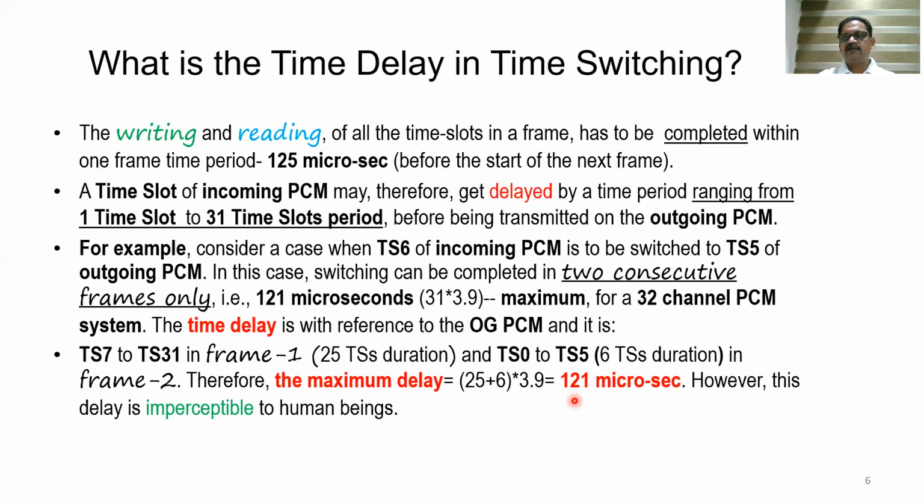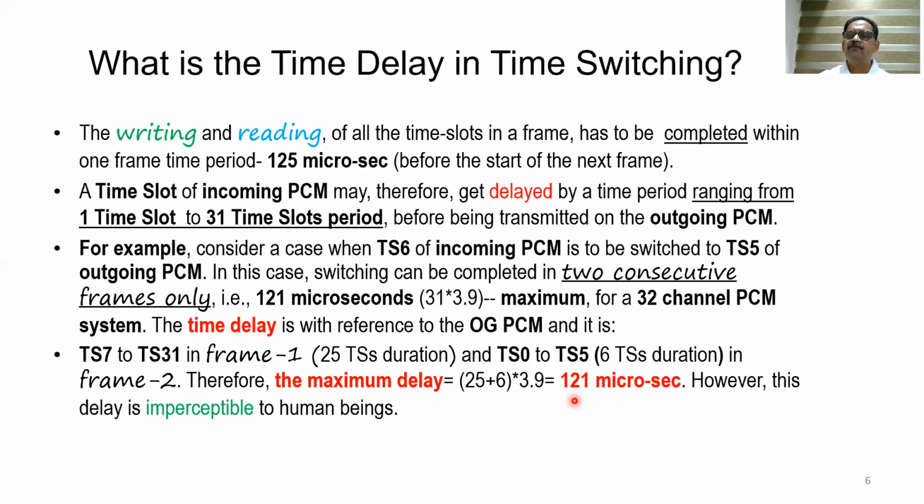Since you have to send the information of TS6 of incoming PCM to TS5, on the same frame you cannot send it. You have to wait till the completion of the present frame because TS5 has already passed as per the synchronization clock. So the information has to be sent in the next consecutive frame only.